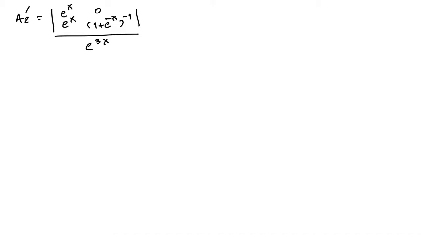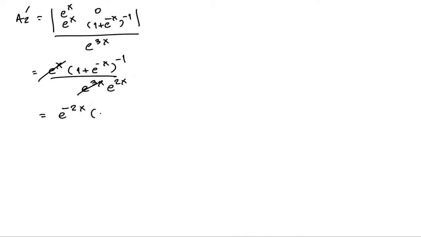And that is e to the x, 1 plus e to the minus x, minus 1, divided by e to the 3x. So this cancels out and we have e to the 2x. So we have e to the minus 2x, 1 plus e to the minus x, minus 1.